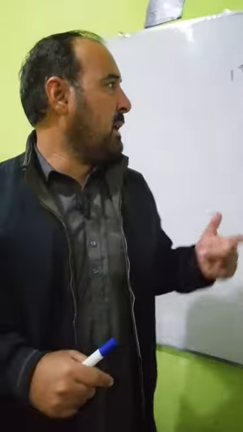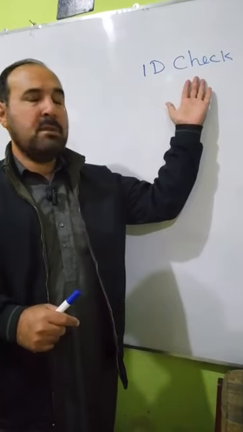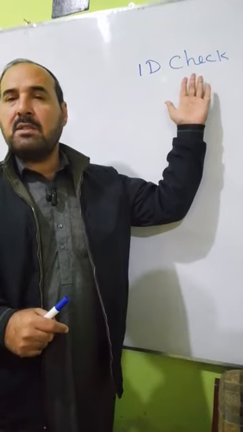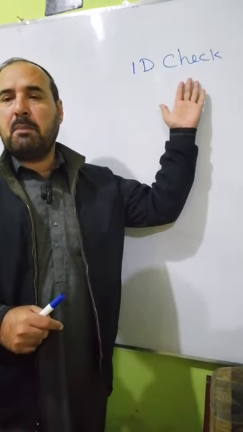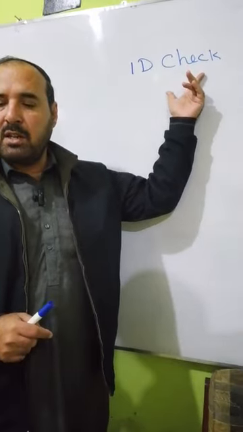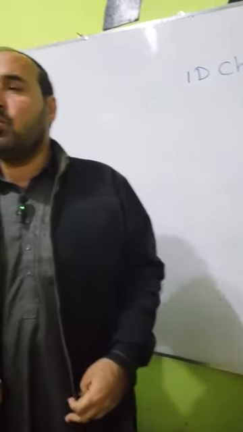And in the ID part of the exam, you will not be given marks, right? This is not part of the speaking exam. This is called ID check. And examiners want to confirm that you are the actual candidate.